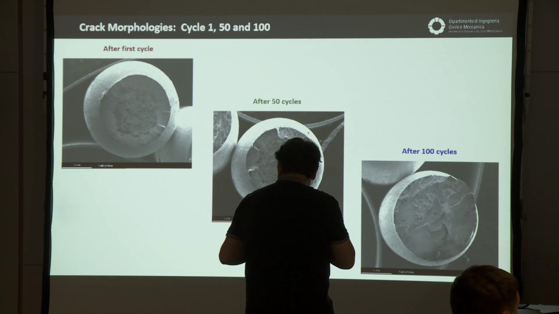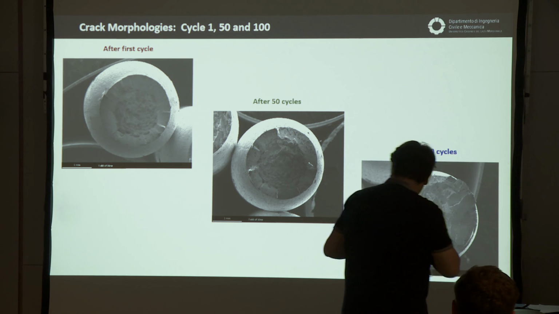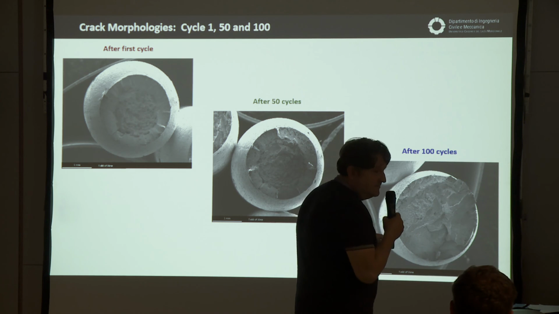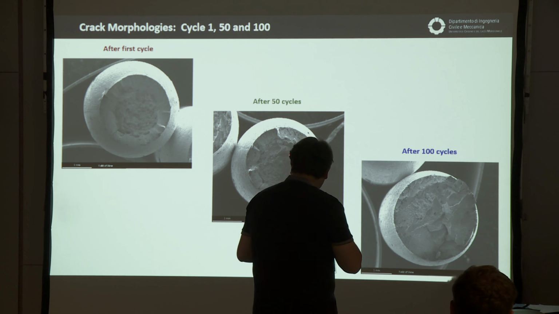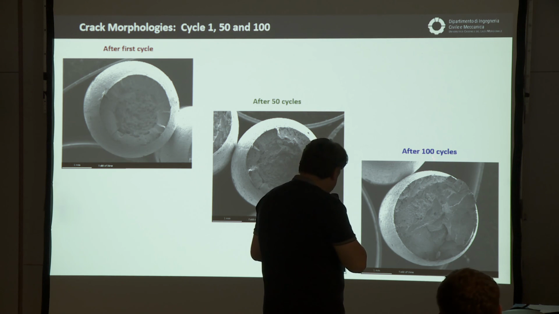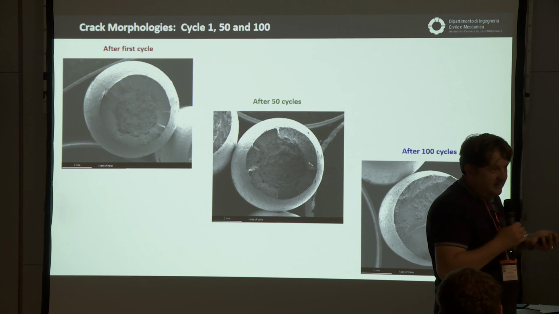You can see that we have a shear zone, characterized by a flat shape due to the triaxiality. After 10 cycles, it's almost the same. I don't report this. After 50 cycles, we can see that the internal part seems to increase in importance. After 100 cycles, it seems to be near flat.